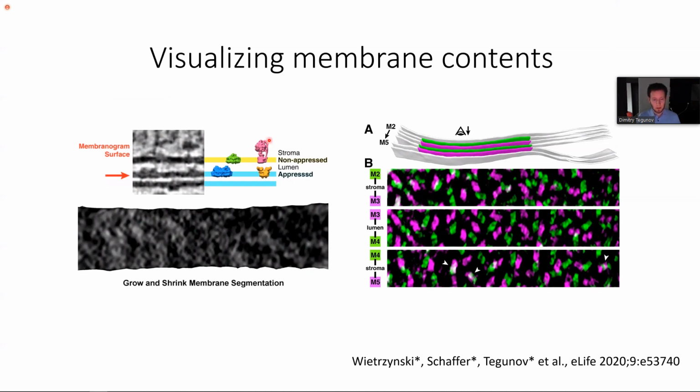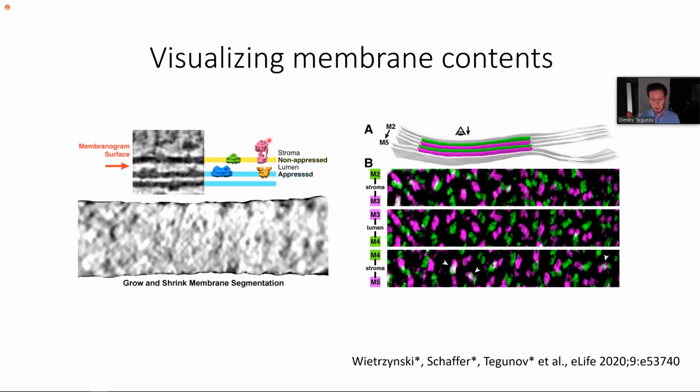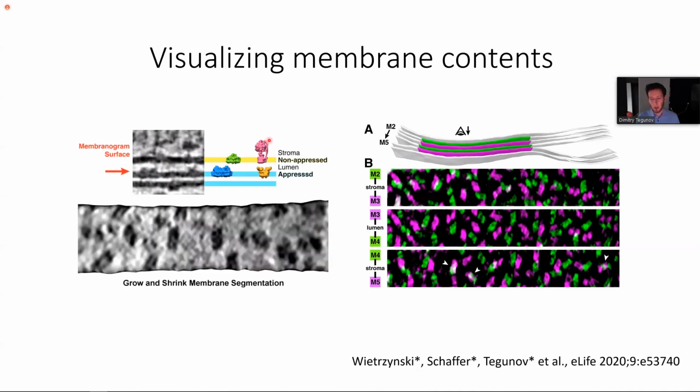And as you can see here on the right, the software also lets you planarize the membranes and then align the views of several adjacent membranes or different sides of the same membrane, so you can make these nice overlays, like you can see here, to see whether the proteins are in fact somehow organized between the individual membranes.